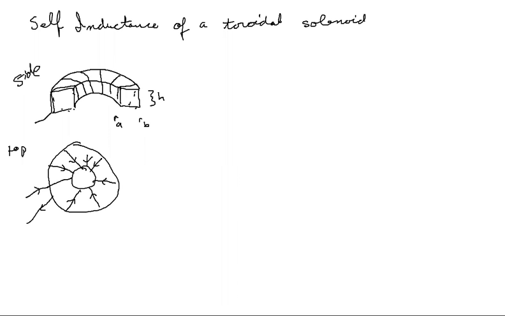Just a reminder, the self-inductance is the magnetic flux this configuration generates by its own current, divided by its own current. So it's the self-inductance, as opposed to a mutual inductance, where the flux comes from another current.